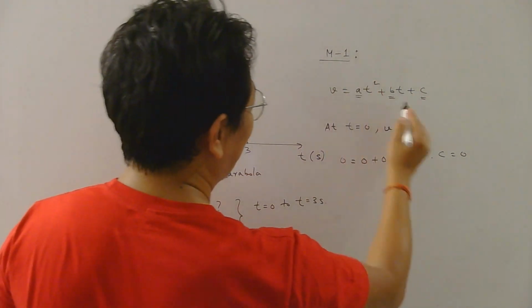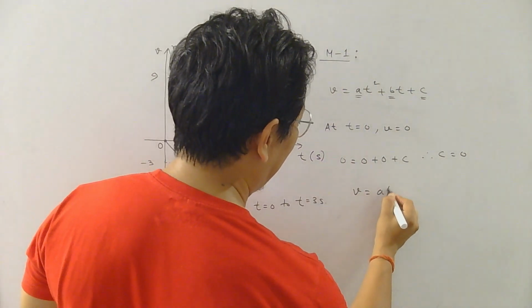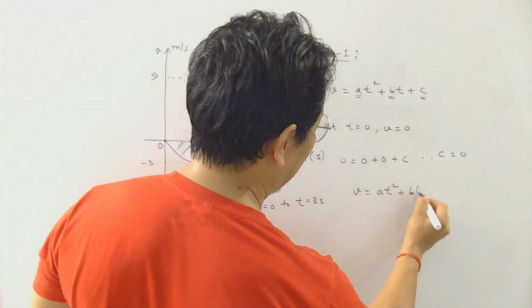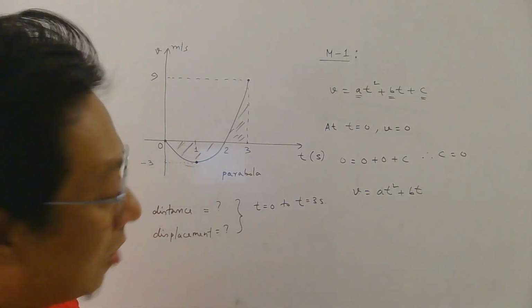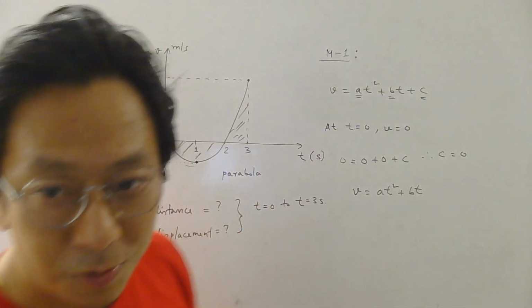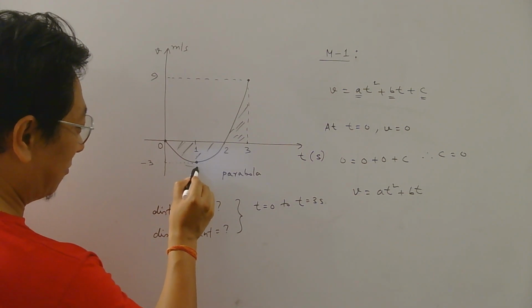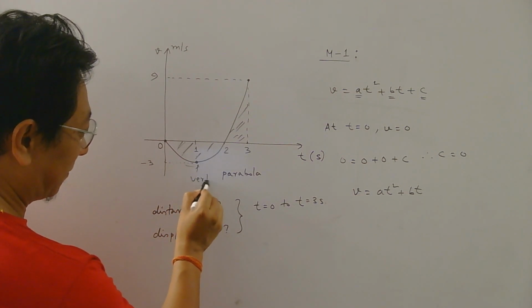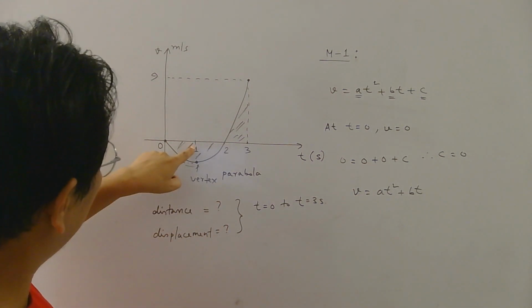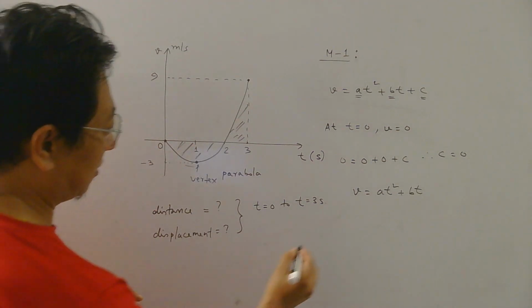So what will this equation be now? v equals at square plus bt. So now we have to find a and b. How to do that? Well, look at this point. This is what is called the vertex. So here when t is 1, v is minus 3.